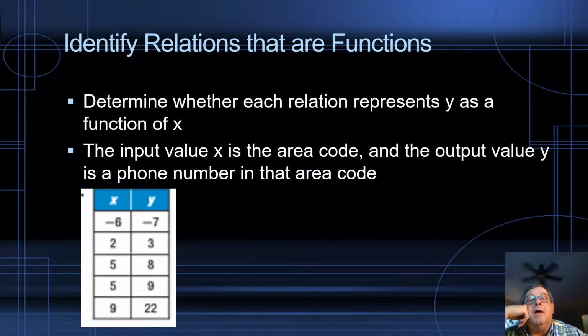So let's think about that. Well, we're in the 910 area code. If that's the value of x, then that value of x, 910, is going to be equal to, I don't know how many, 10 to the 7th power, I guess, possible values of y, because there's 7 phone numbers and each one can have 10 digits.